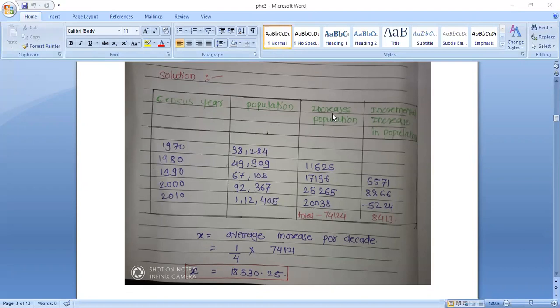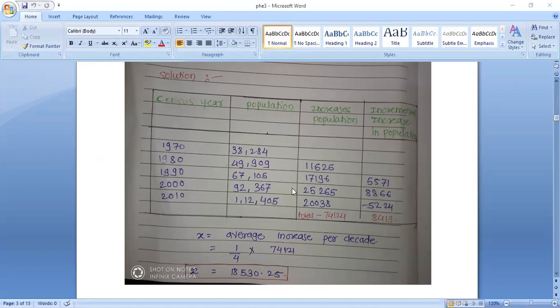Next, we have to find the increase in population. To find these increases in population, we have to go from the bottom. That is, we have to go from the population of 2010 to the population of 1970. Now see, the population of 2010 and 2000 is given.